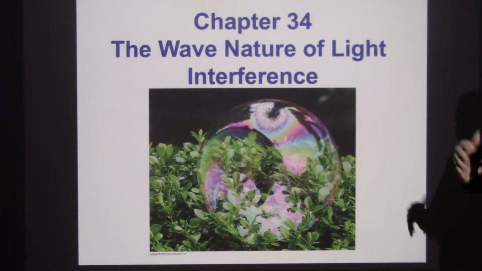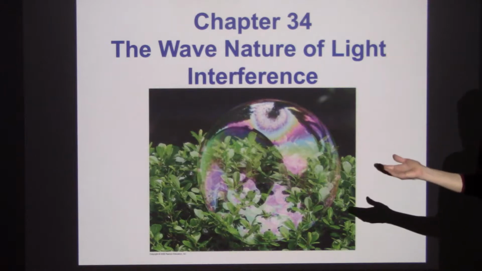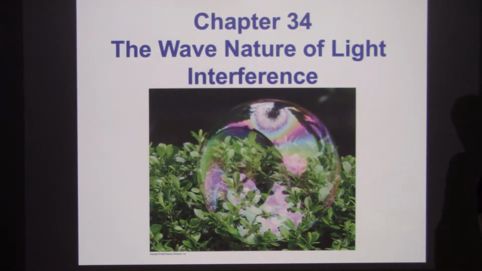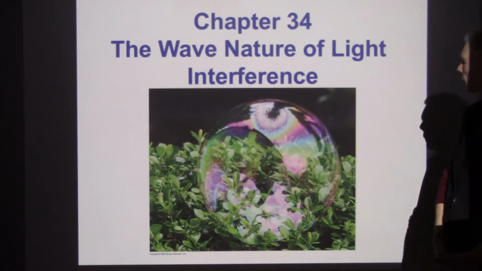Electrons, protons, neutrons, photons, they've all got wave properties to them. And fortunately, we have a lot of the semester left. We're going to be able to look at that in a fair amount of detail. We're going to need to in order to get you guys through the course, because as engineers or scientists of this day and age, you have to understand what the properties are of these particles.